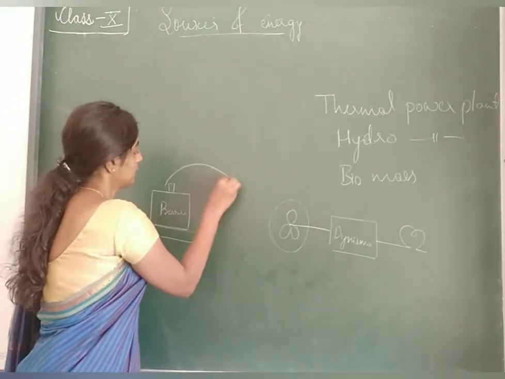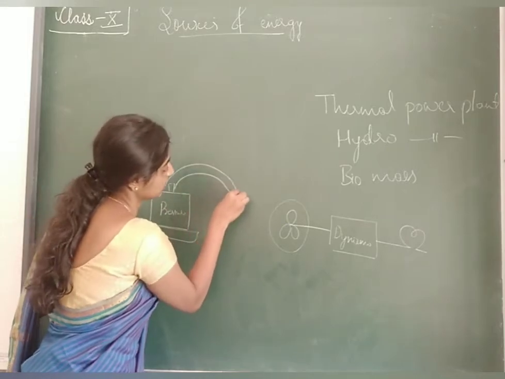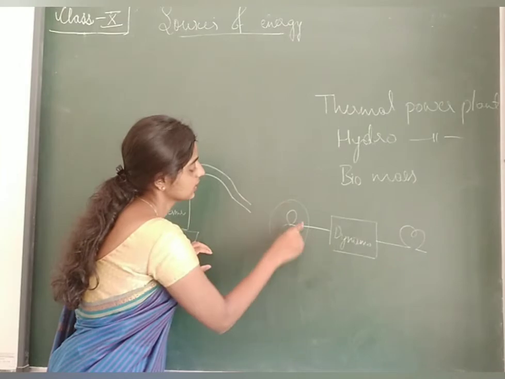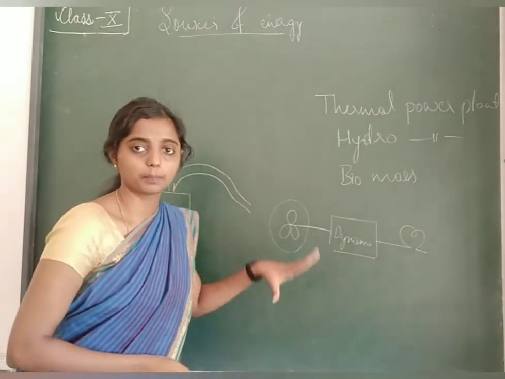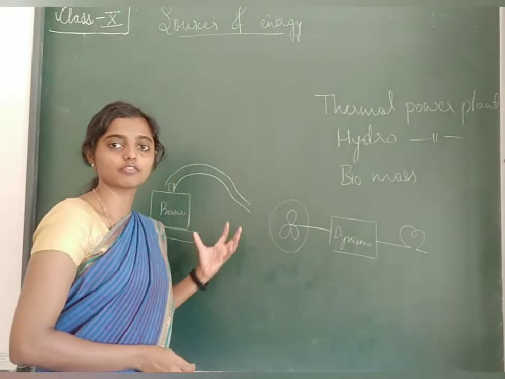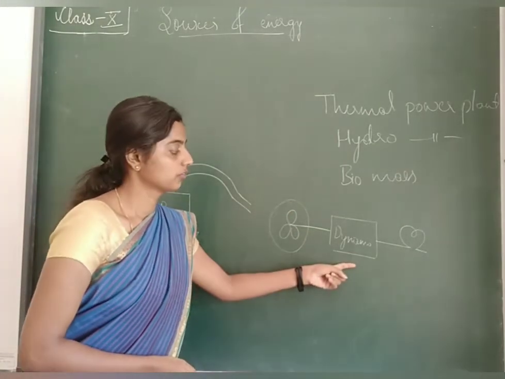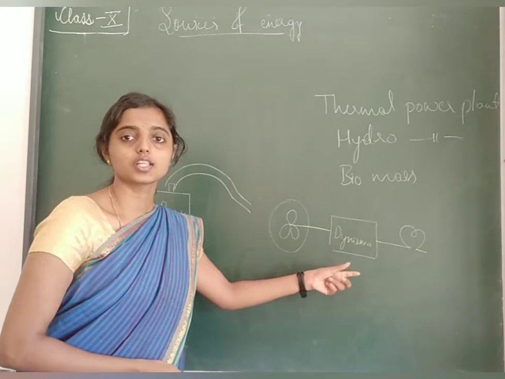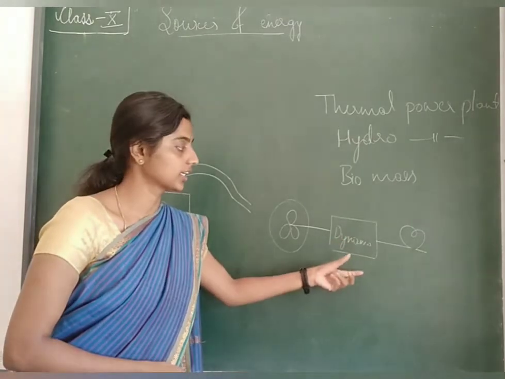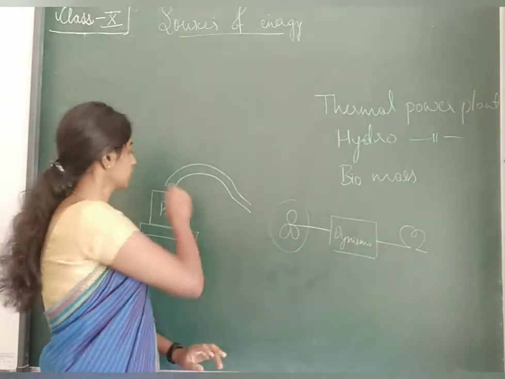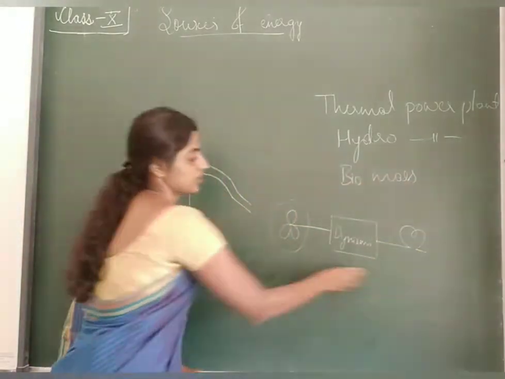That pressure we pass through a tube and focus on this turbine. With that high pressure, whenever the cooker whistles, the turbine starts turning. Then the dynamo starts producing DC current, and hence the bulb will glow. This is what the first activity says.